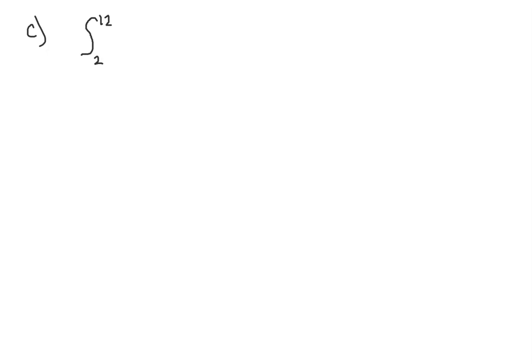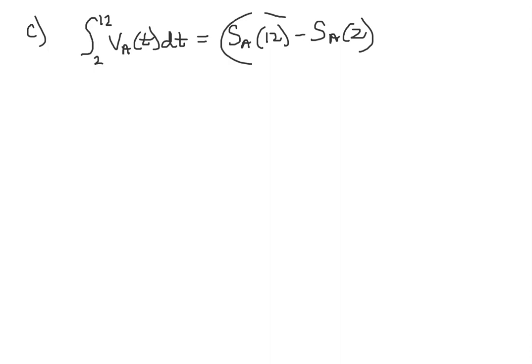Okay, between 2 and 12, the integral of velocity equals position of 12 minus position of 2. You're trying to find this. This is what it wants you to do.